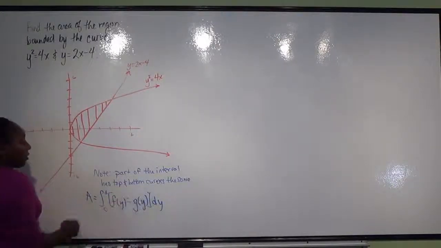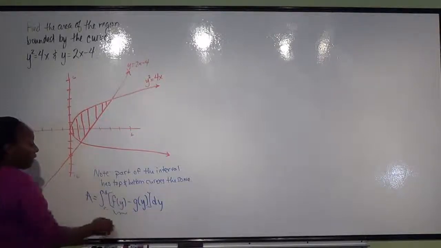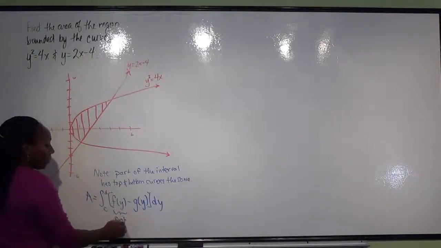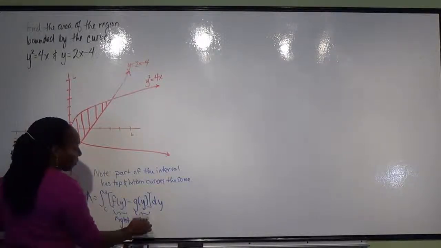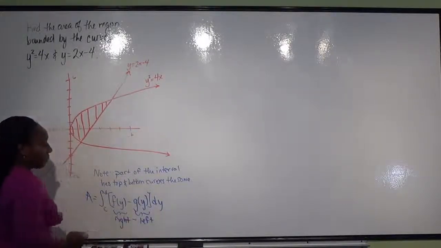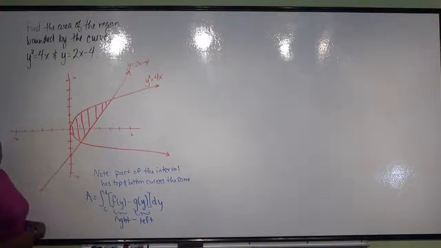And the way I'm going to choose these functions is I want f to be the rightmost curve and g to be my leftmost curve. So I'm going to take the right minus the left, and I'm going to look at the limits in terms of y. Okay.